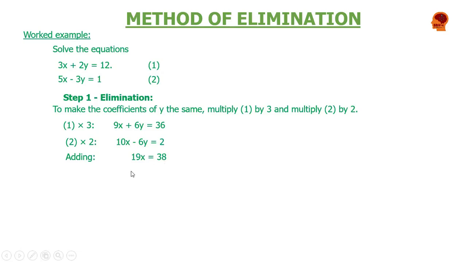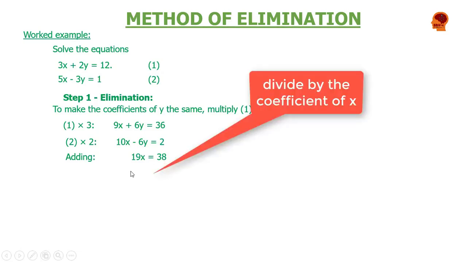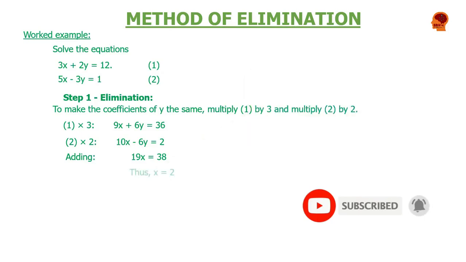So we divide by the coefficient of x, which is 19, and then I have x equals 2. So this is the elimination method. Very simple.